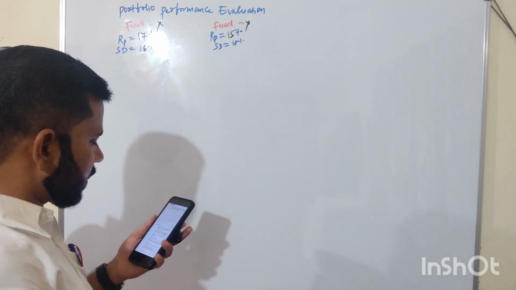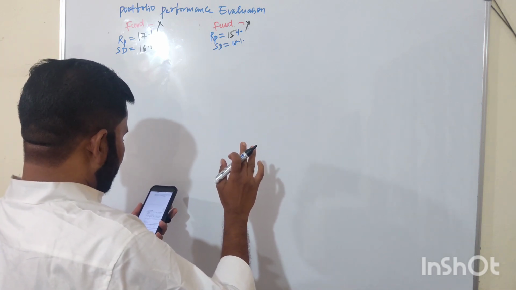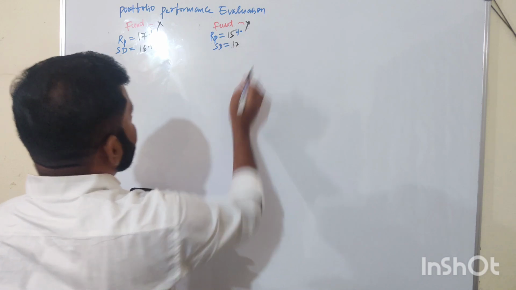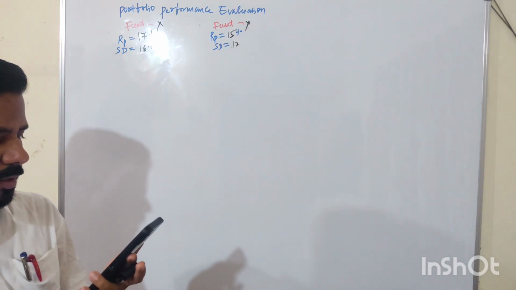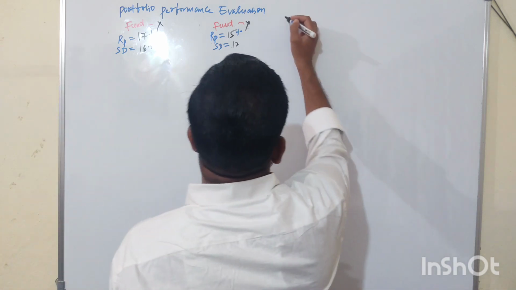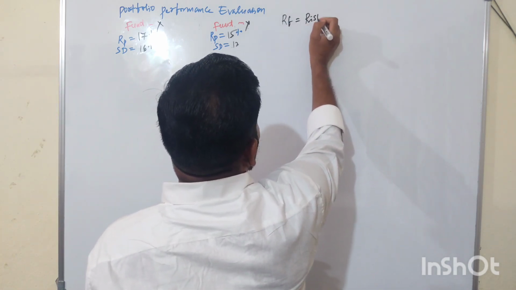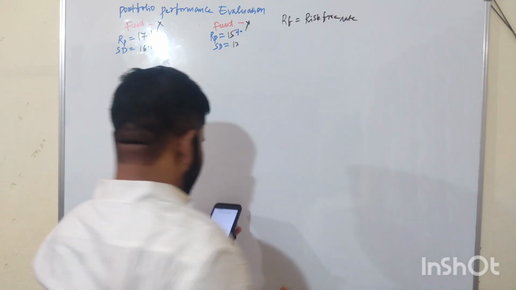And what is the standard deviation of Fund Y? It's given as 12%. Then one more very important piece of information we need: risk-free rate. RF. What is the full form? Risk-free rate.